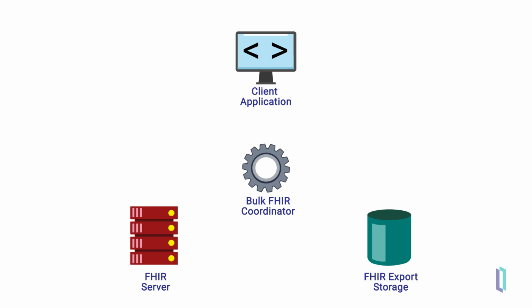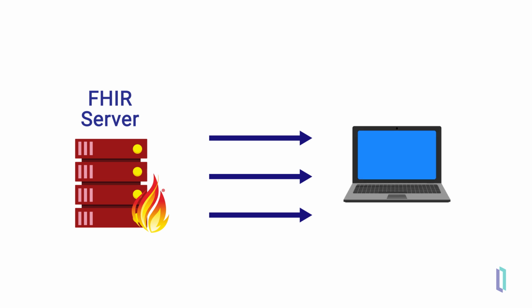The InterSystems Bulk FHIR Coordinator mediates between your application and InterSystems FHIR Server, managing configuration, authentication, and file delivery. It helps you orchestrate the configuration, scheduling, and retrieval of FHIR data exports from InterSystems FHIR Server, and supports different export types, including system-level, patient-level, or group-based.